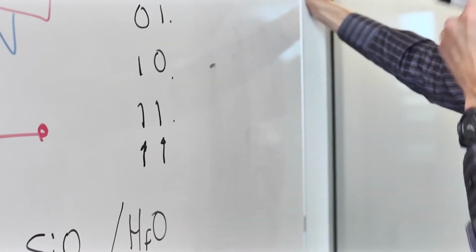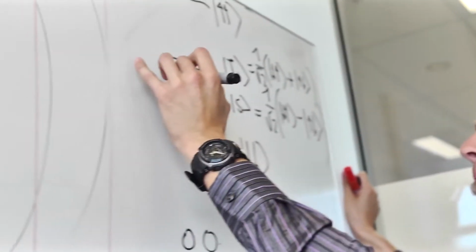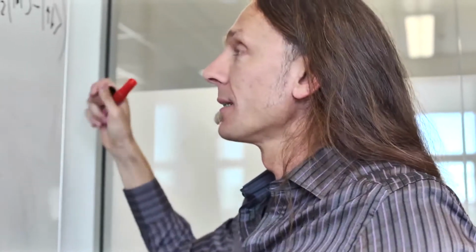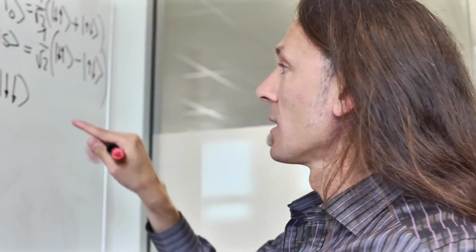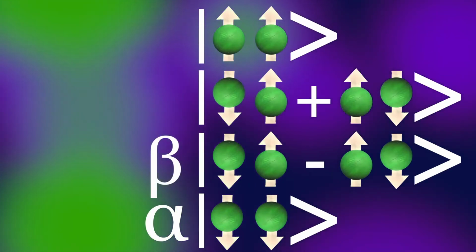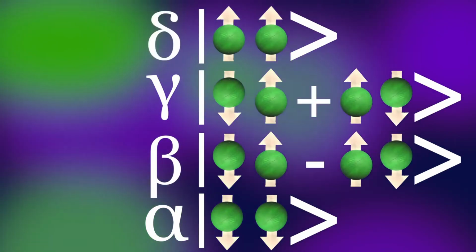Right? Here instead, quantum mechanics allows me to make superposition of each one of these 4 states. So I can write a quantum mechanical state which is perfectly legitimate, that is some coefficient times this, plus some coefficient times that, plus some coefficient times that, plus some coefficient.